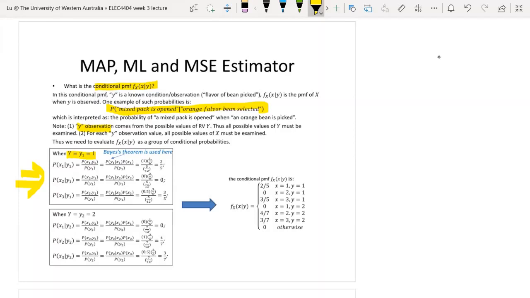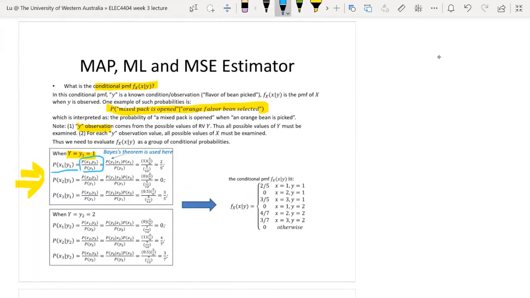In each of these cases, we want to evaluate such a conditional probability. So we use Bayes' theorem and use the joint probability divided by the probability of the condition. Here you can see we are using the joint probability divided by the probability of the y.